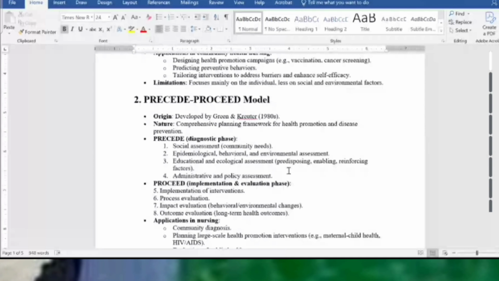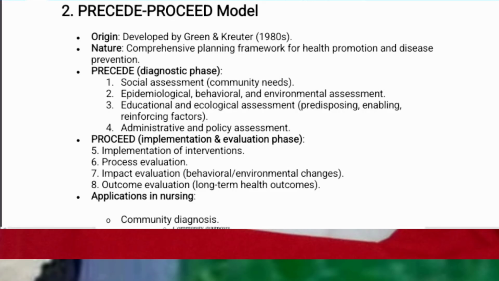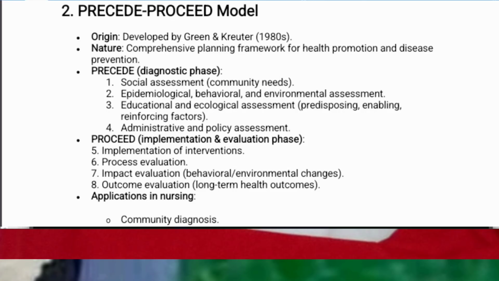Then we look at the administrative and policy assessment. We try to evaluate existing administrative and regulatory measures and policies that are in place, and whether we have policy resources available to support the program. Then we move to PROCEED, the implementation and evaluation phase.